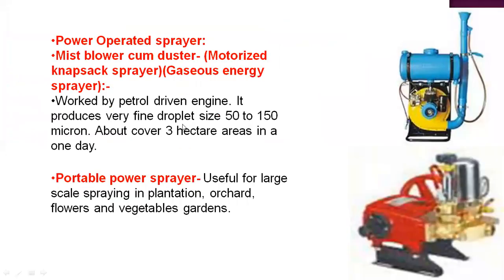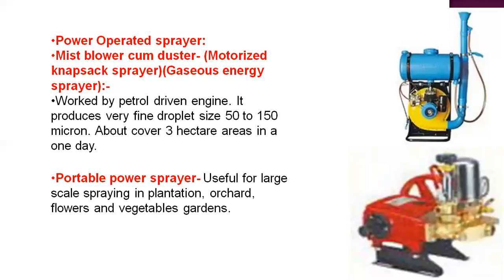Now there are also some power operated sprayers, called a mist blower cum duster or motorized knapsack sprayer, where gas energy is required. It works with a petrol driven engine, where fuel and air are used for proper operation.